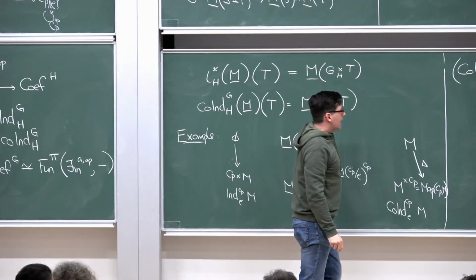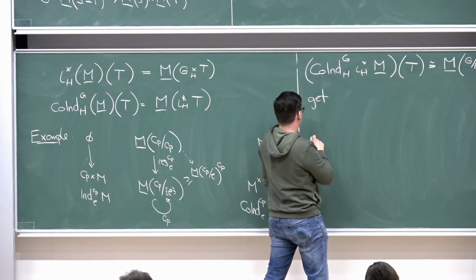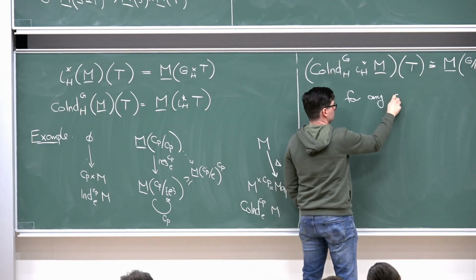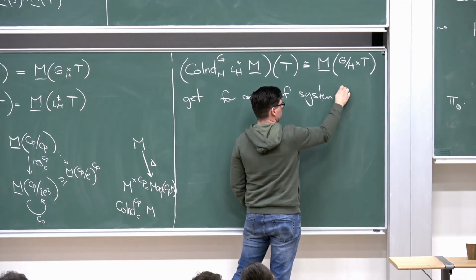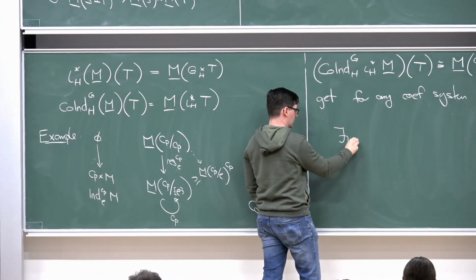So here I get, for any M, a couple of kinds of diagrams. The same setup as I had before.